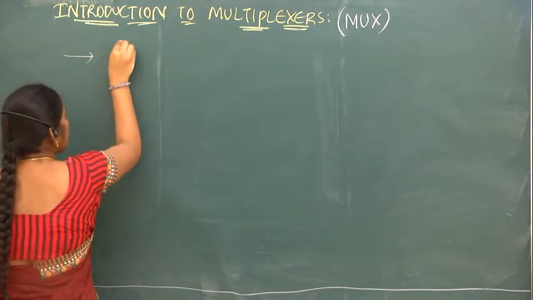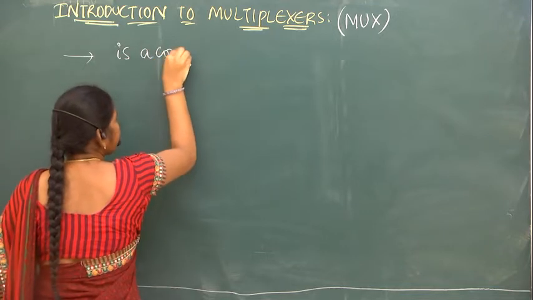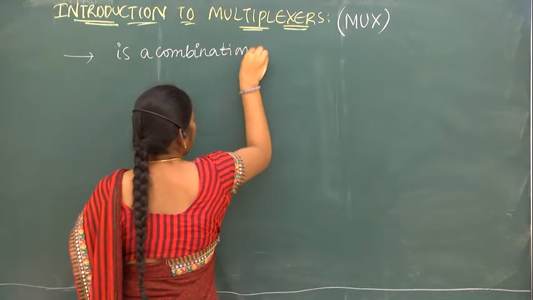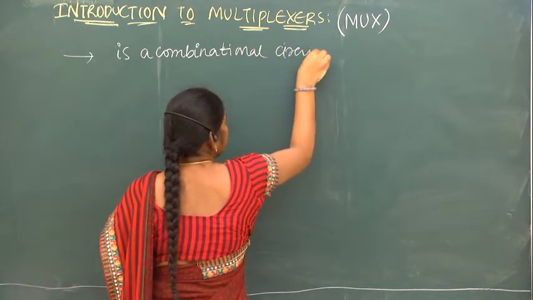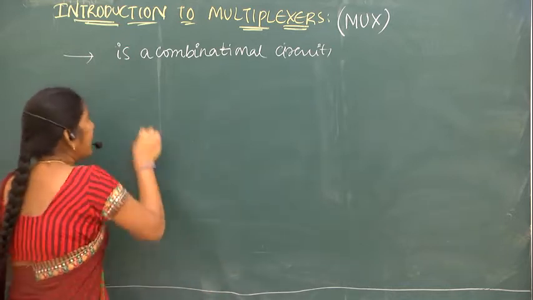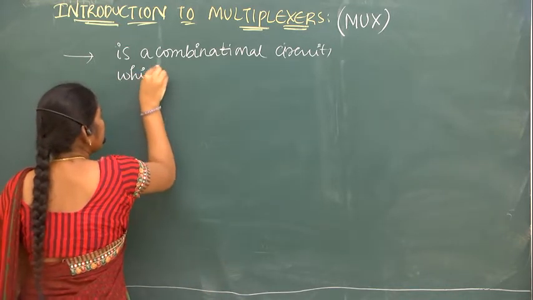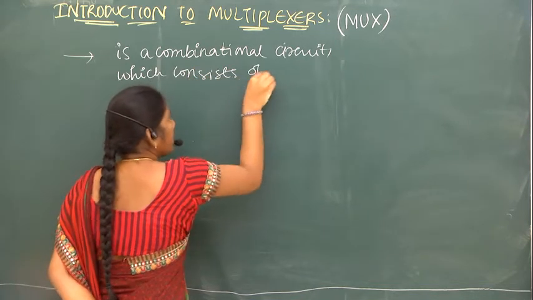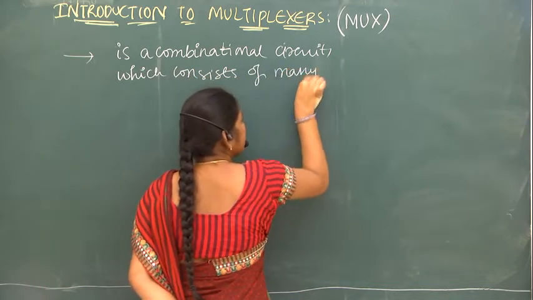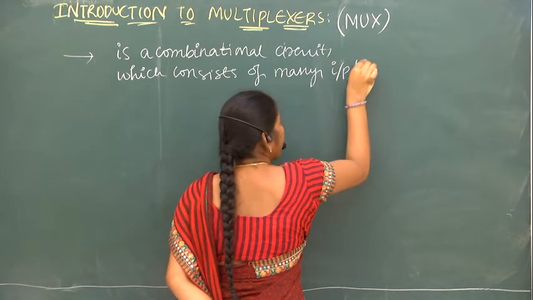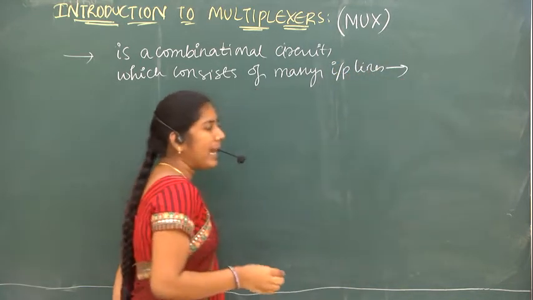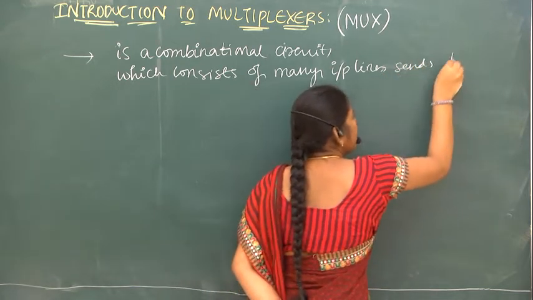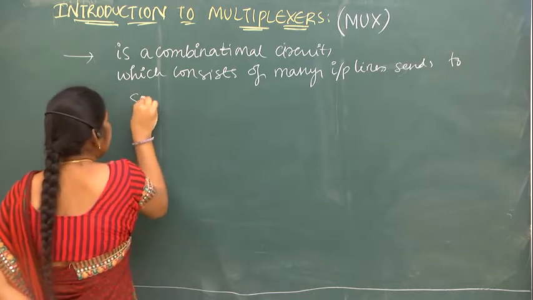Multiplexer is a combinational circuit which consists of many input lines and directs, or sends, to a single output line.